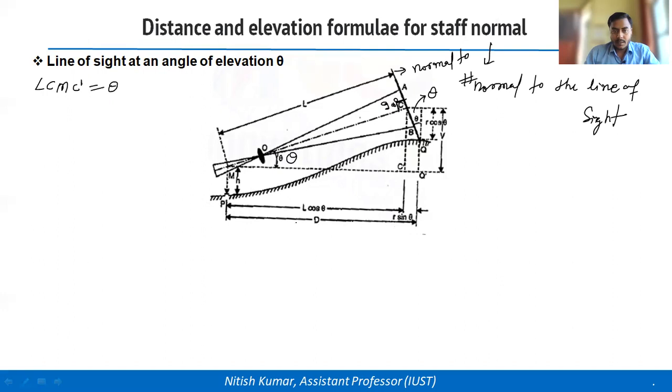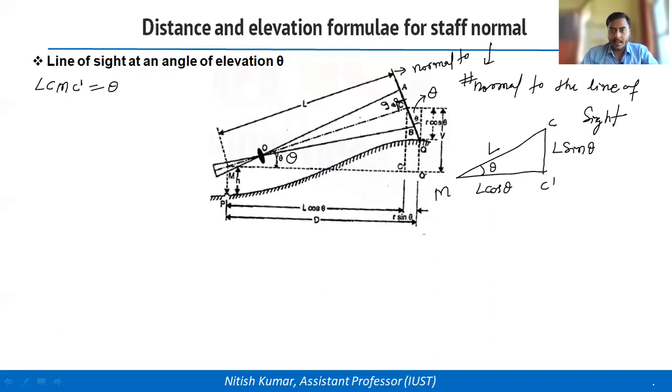So now the distance between this M to C dash is L cos theta. We can write it like this. This length is L, that is M to C, and this is C dash. This angle is theta. So we can write L cos theta, or we can write CC dash as L sine theta. Am I right? Yes.